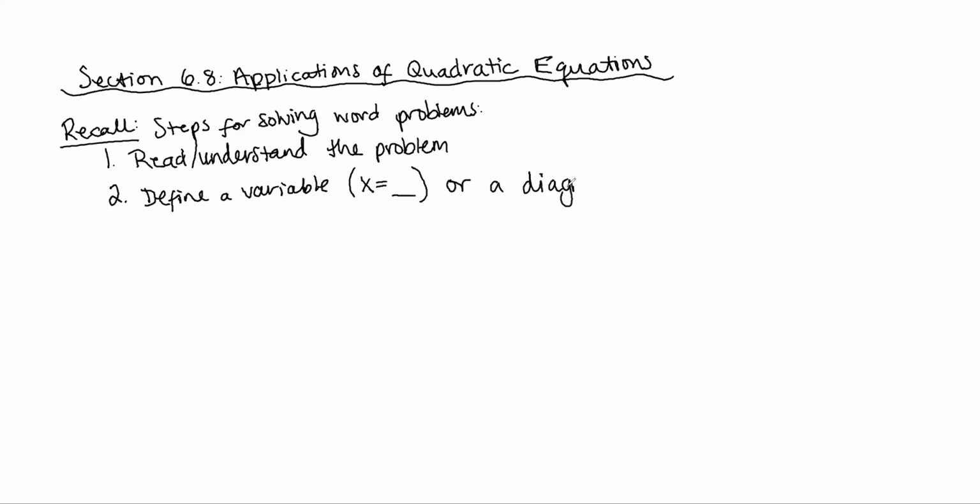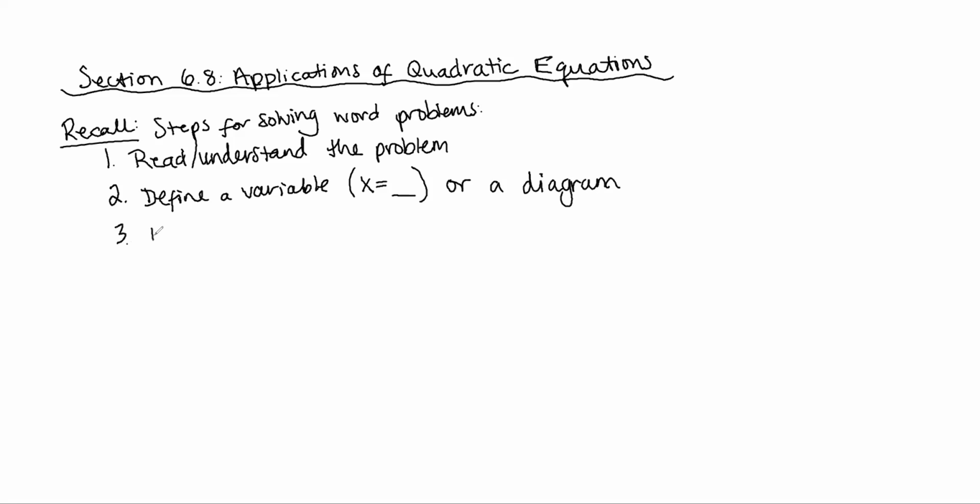But this is especially helpful in these problems where we have different quantities that we're solving for, like the length and the width of a rectangle, and we want to know what x is representing. So it's really important that you define a variable.